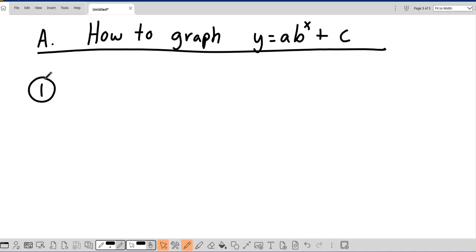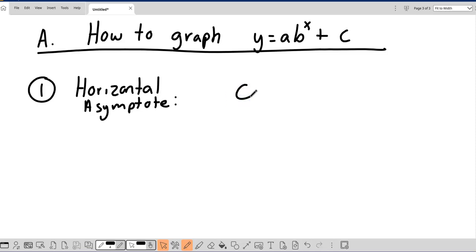All right, so the first thing is that we said that the horizontal asymptote used to just be at x, but with the plus c on the end, it will now be wherever the c is at. So our horizontal asymptote is going to be located at c.